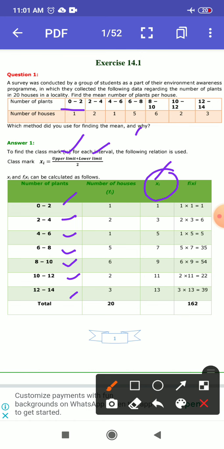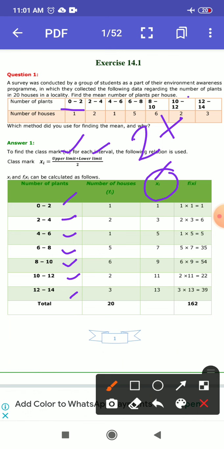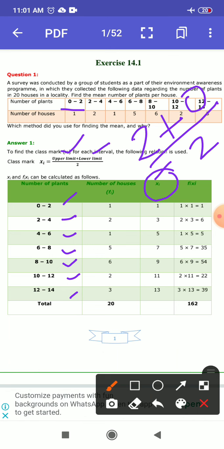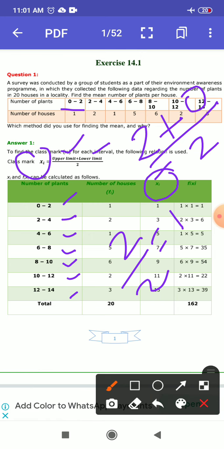Upper limit is 2, upper limit means the bigger limit. So upper limit is 2 plus lower limit is 0. So 2 plus 0 upon 2, this is your class mark. So then after 2 upon 2, then after how much value? 1.